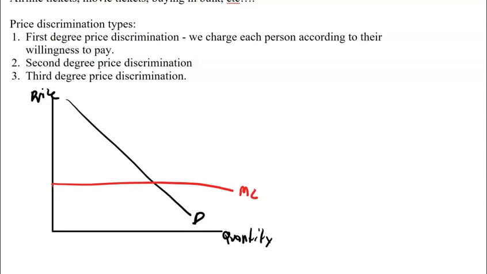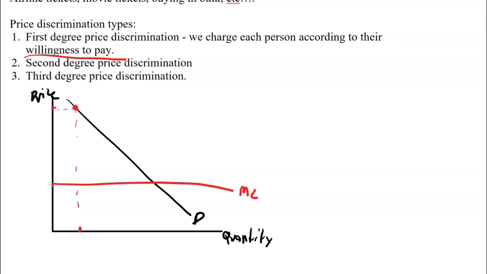Now, when we say somebody can be charged their willingness to pay, if you remember from before, the demand curve was defined such that each point tells me that at a certain price a certain number of people are willing to buy.